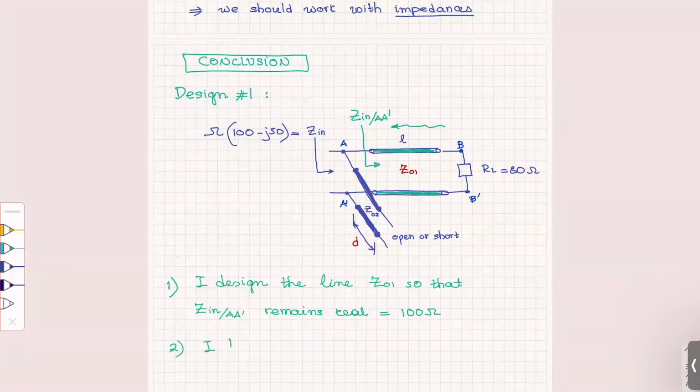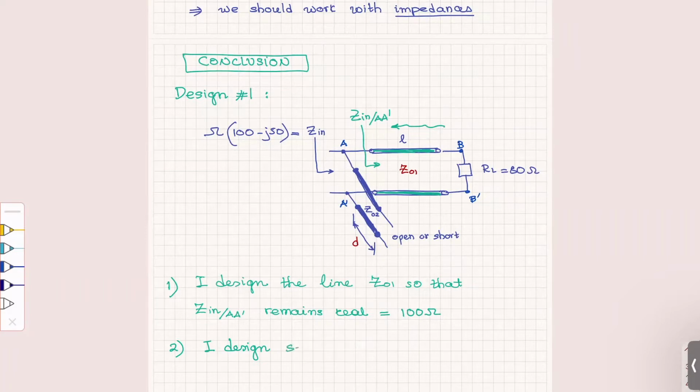And then the second step, I design a shunt or a series stub. Since I work with impedances here, I can design a series stub, or let me put shunt. I design a shunt stub so that, well, in fact, since I'm using impedances, I will follow my previous observation.